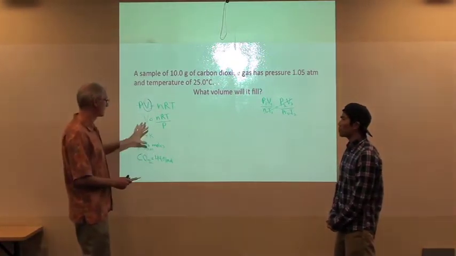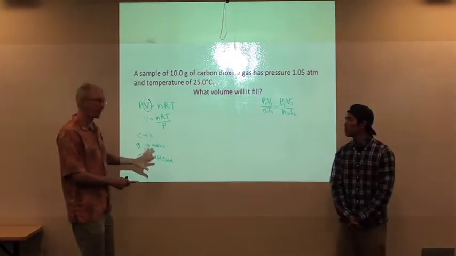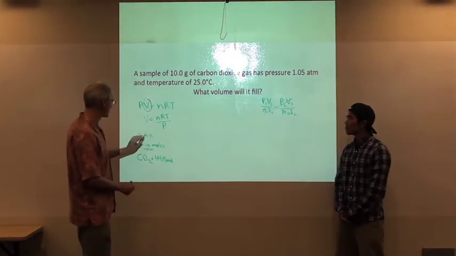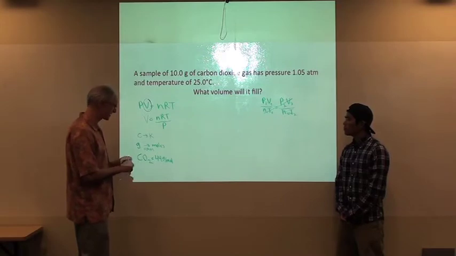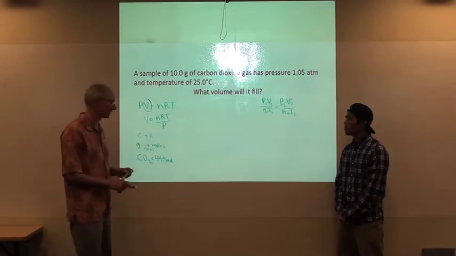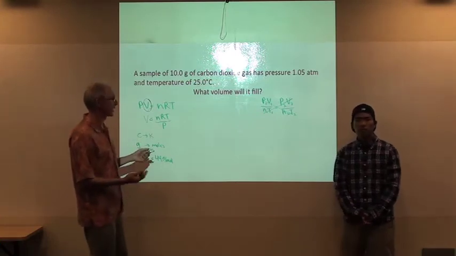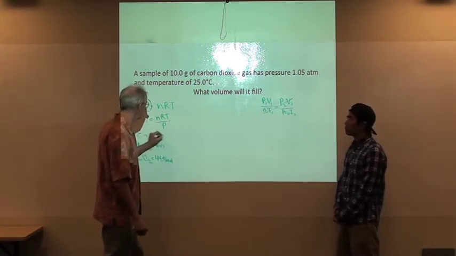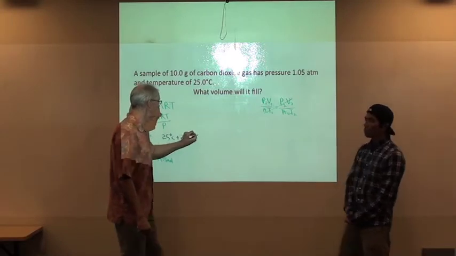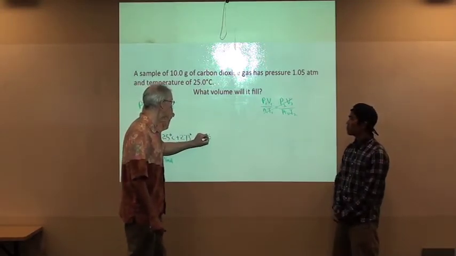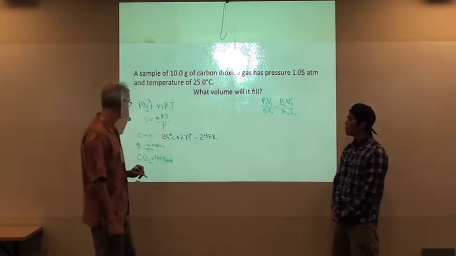Okay, so now I know all the things I have and the things I need to do, so let's start doing these little processes to prepare before we put it into the equation. Celsius to Kelvin: the conversion is just adding 273, so 298 kelvins.